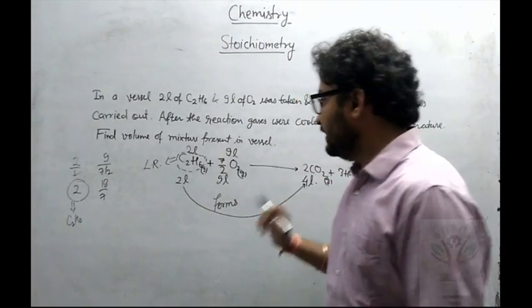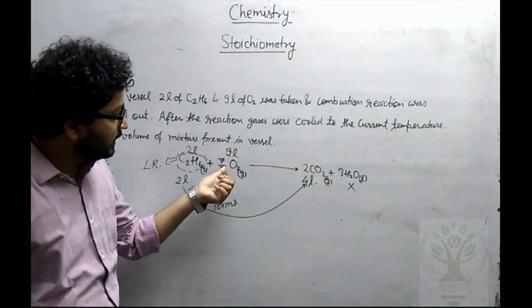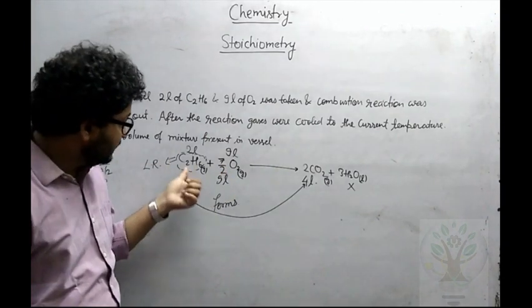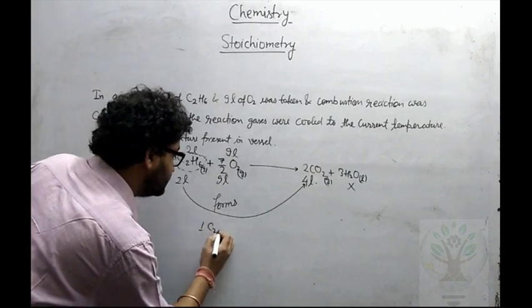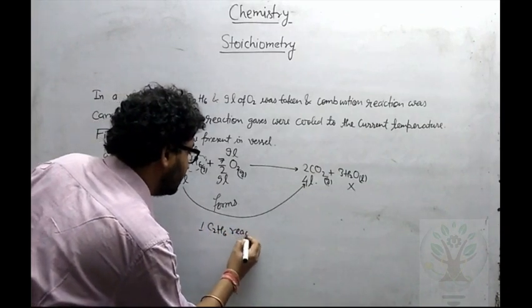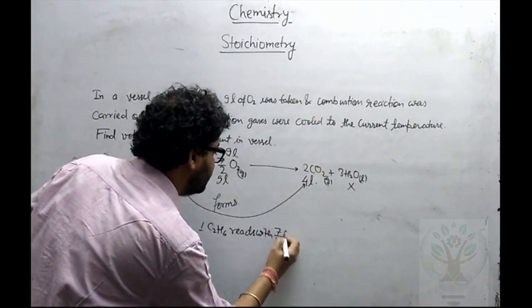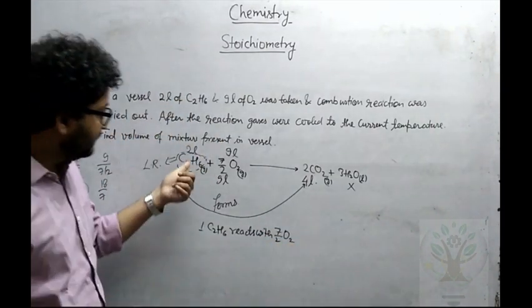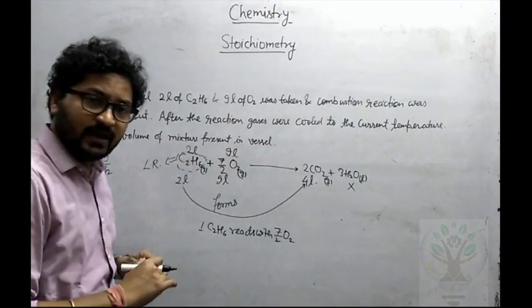Now, can you tell me, 1 C2H6 reacts with how many O2? 1 C2H6 reacts with 7/2 O2. Let me write this. 1 C2H6 reacts with 7/2 O2. Can you see this thing? It is written in this relation. If we have 1 C2H6, it will react with 7/2 O2.